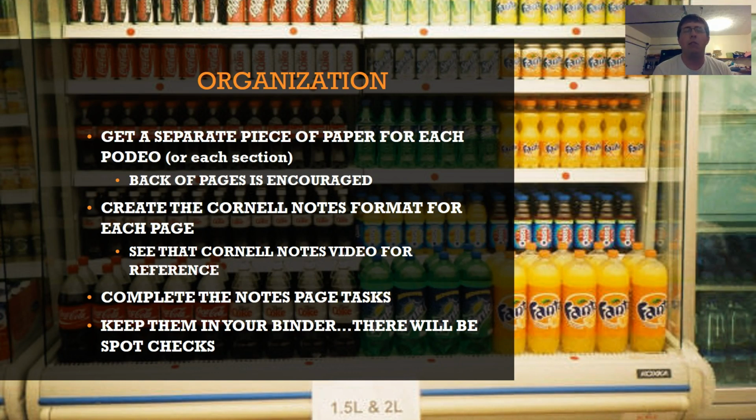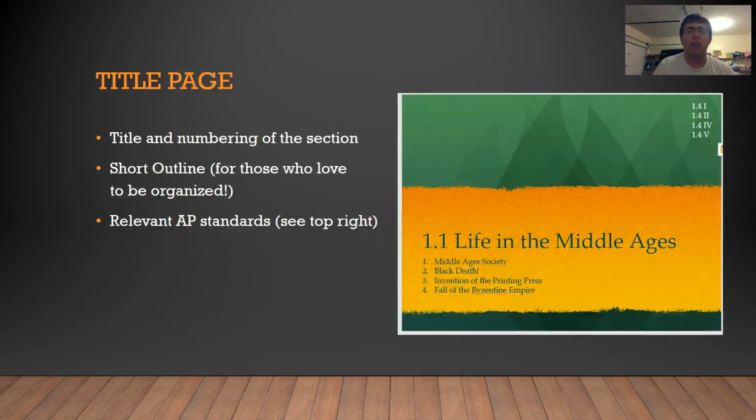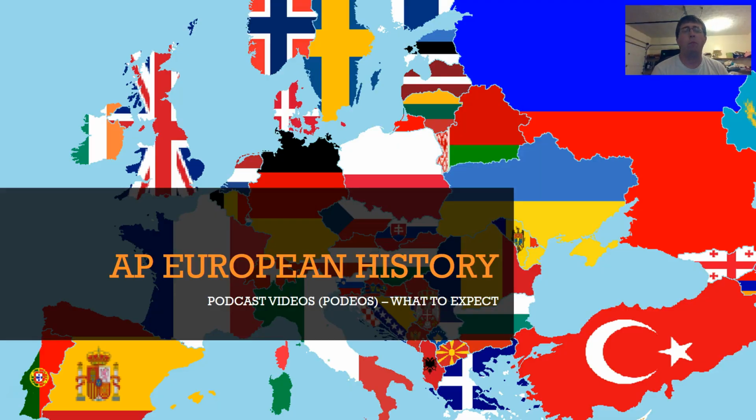If organization has not been your thing, you really need to take responsibility. Remember, it's one of my expectations for you. Take responsibility for your notes and for your organizational purposes. So again, that's an introduction to what to expect in the Podeos.